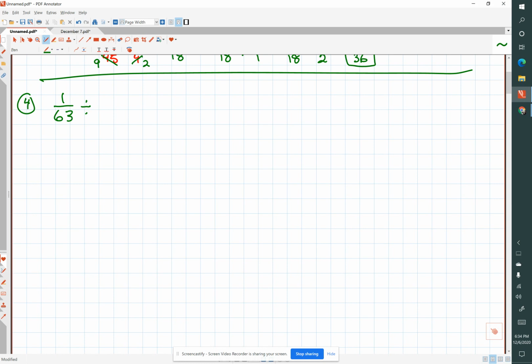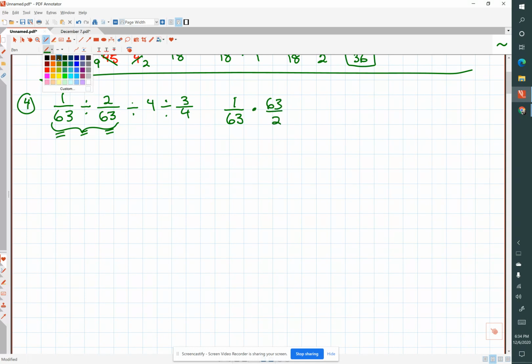Okay, so let's work on these first 2. So we're going to keep the 1 over 63, change the division to multiplication, and flip 2 over 63 to its reciprocal. 1 over 63 times 63 over 2.